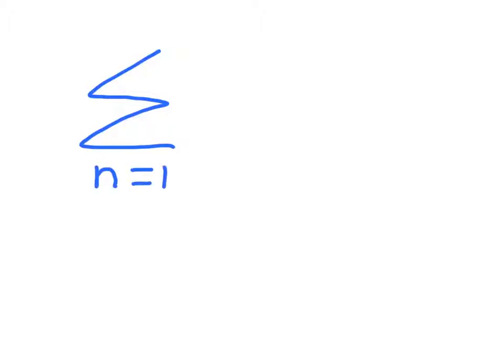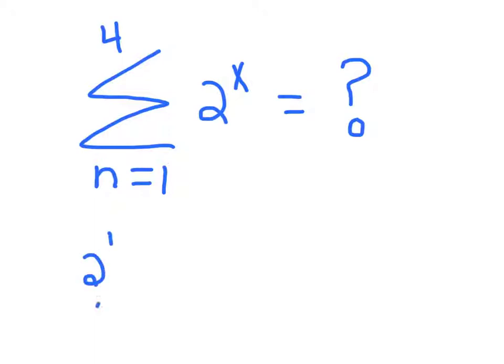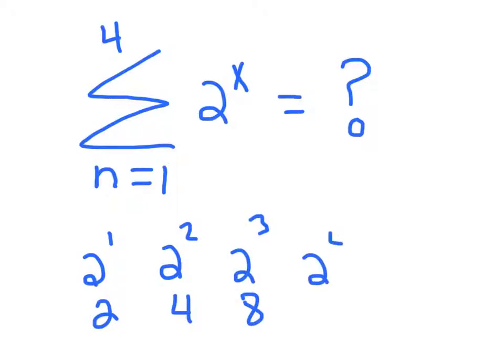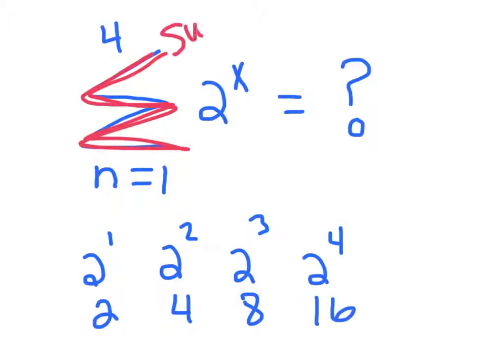And last but not least, you'll need to know how to read sigma notation. So if it said to find the sum from n equals 1 to 4 of 2 to the x power, and what's that equal to? Or it might say write out the sequence. You're going to know that 2 to the first power is 2, and 2 squared is 4, and 2 cubed is 8, and 2 to the fourth is 16, and that this notation means to find the sum.